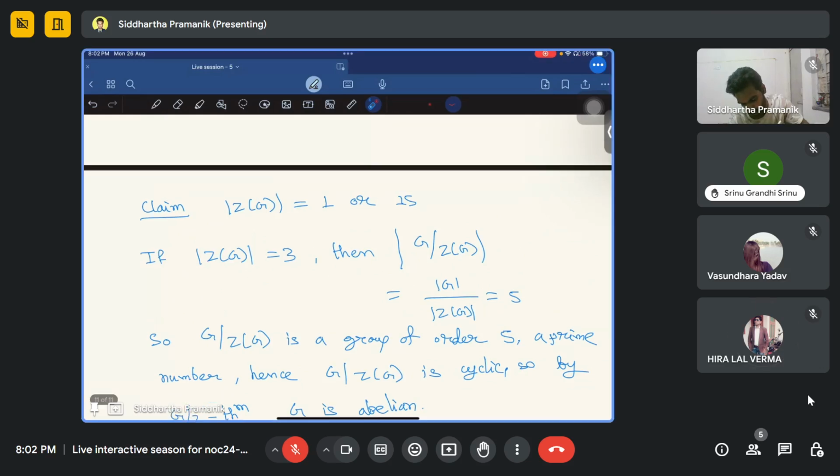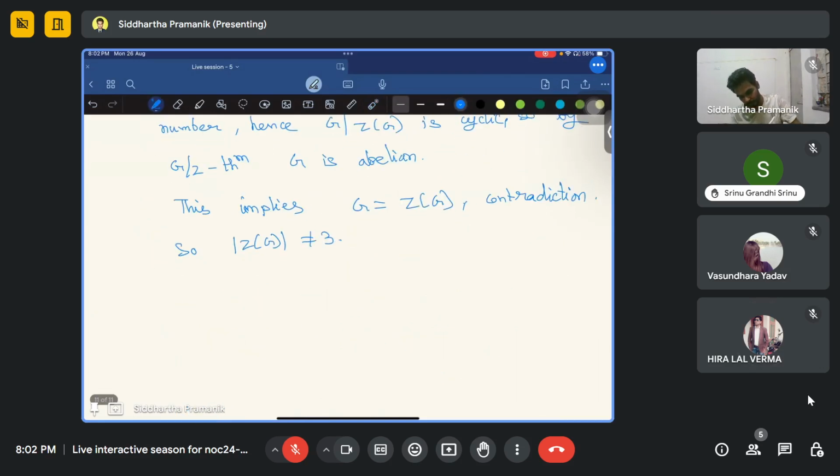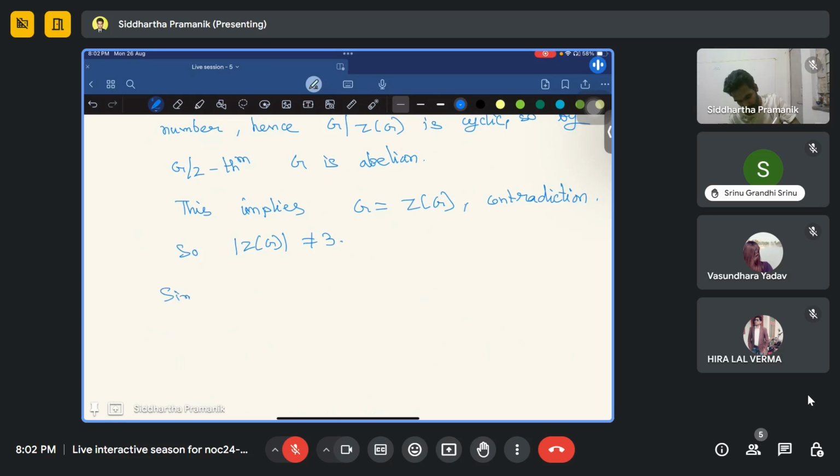Similarly, the order of ZG cannot equal 5. So the order of ZG equals 1 or 15. So we are done.